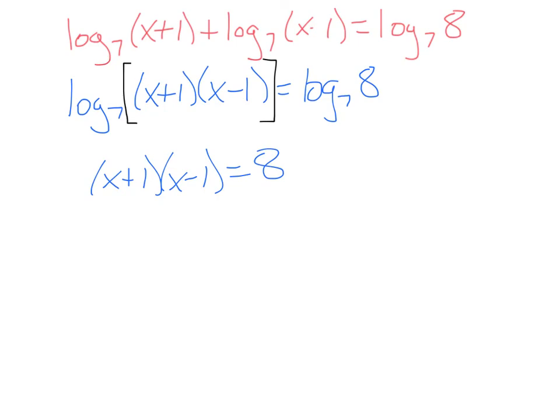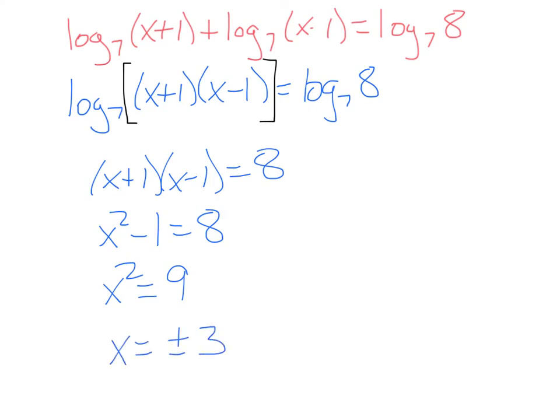Okay, now I'm going to FOIL the left-hand side for x squared minus 1. I'm going to add 1 to both sides, get x squared equaling 9, and take the square root and get x equals plus or minus 3.